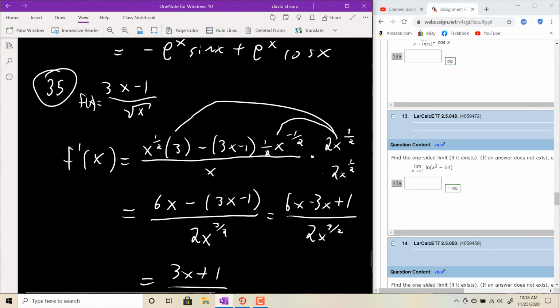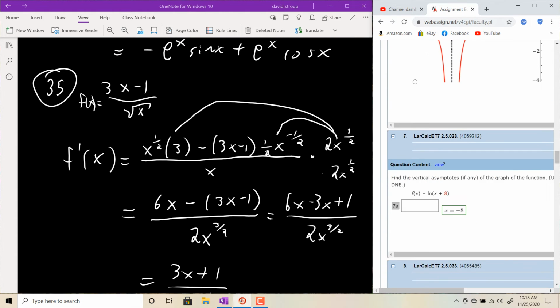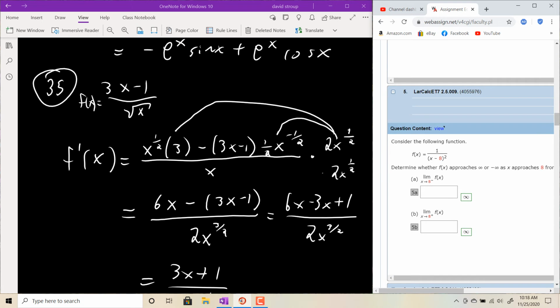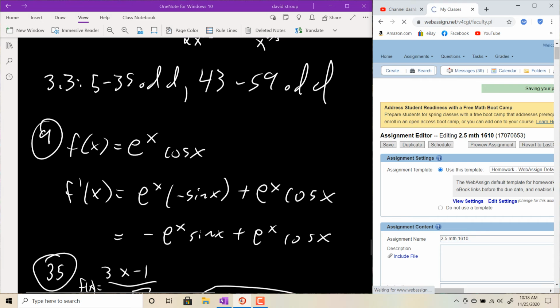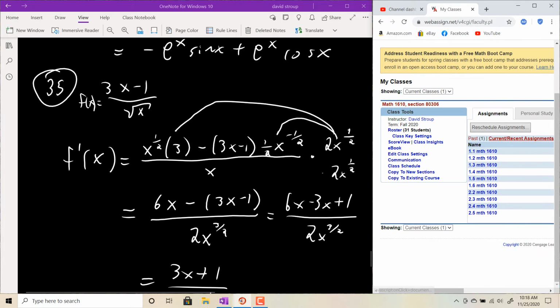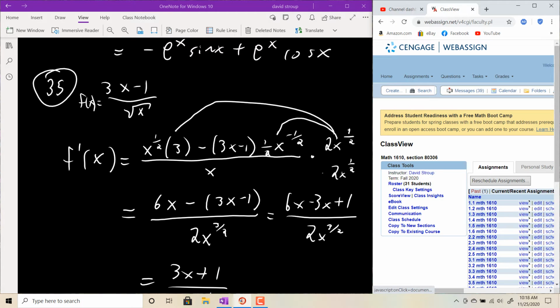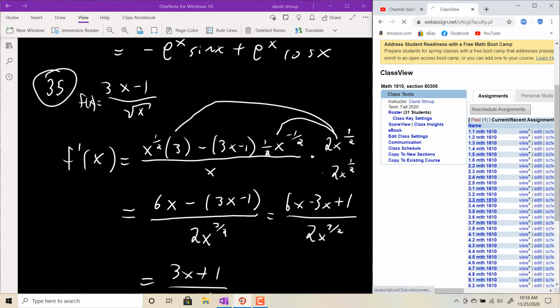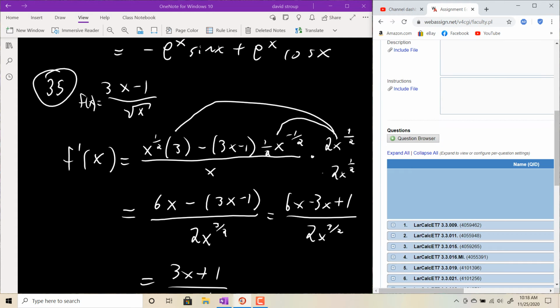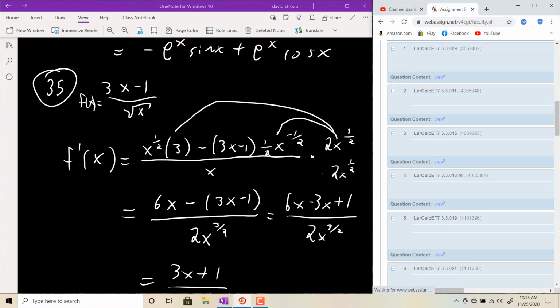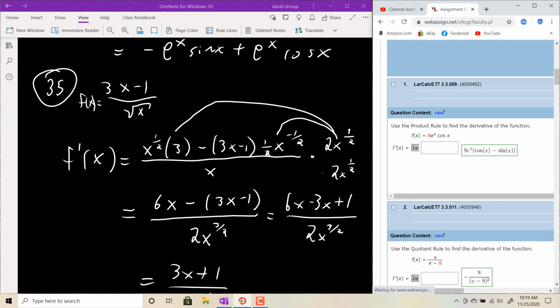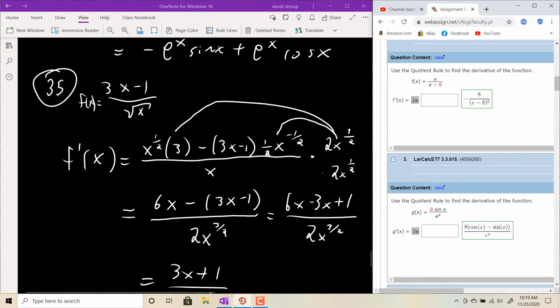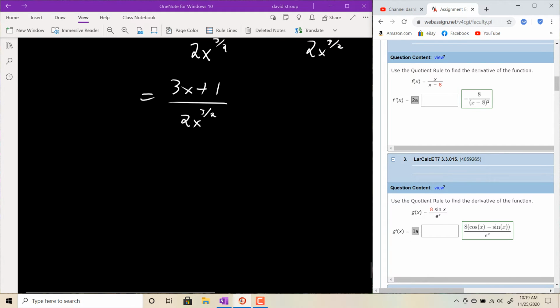Okay. Let's go into WebAssign and see if they have anything unusual that we can look at for quotient rules and product rules. Okay. This is section 3.3. There's a product rule, there's a quotient rule. Let's do that one for the quotient rule.